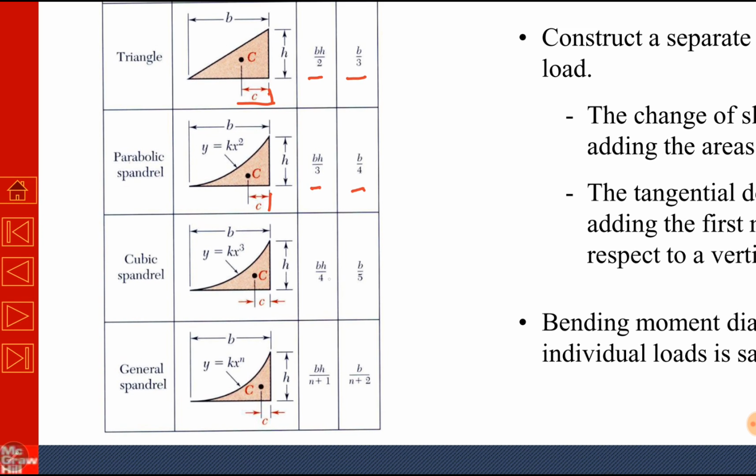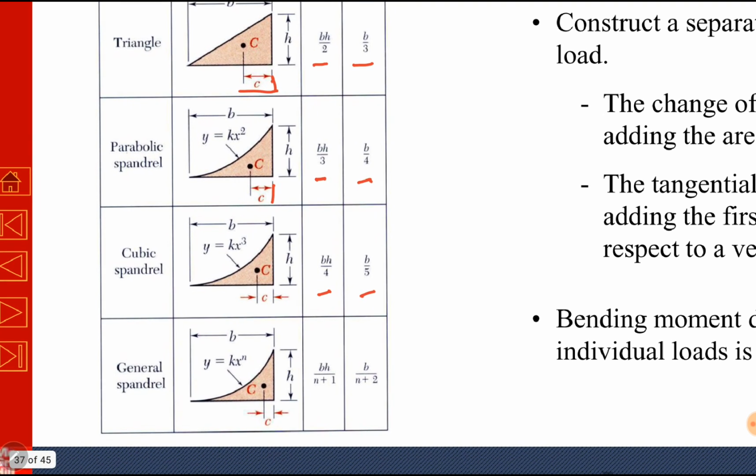Under a cubic curve, this is the area, and this is the distance of its centroid from the vertical line. Here is any other general curve, where n is the order of the curve, x to the power n, and this is the distance of its centroid from the vertical line.